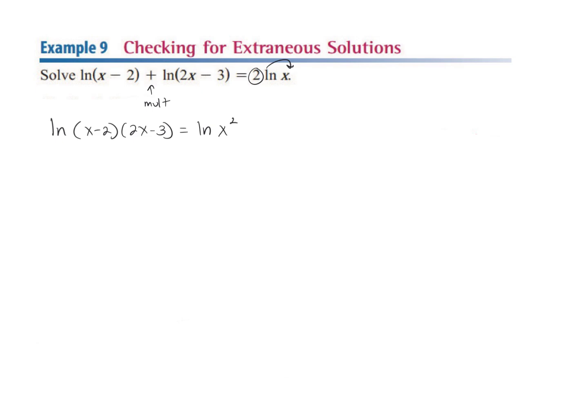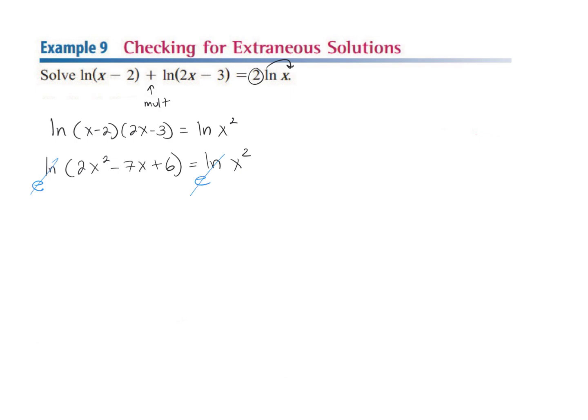Now I'm going to go ahead and FOIL the x minus 2 and the 2x minus 3. And I would get ln of 2x squared minus 7x plus 6 is equal to ln x squared. Now if you guys remember, the ln's can be canceled out with an e. So we can cancel them out.